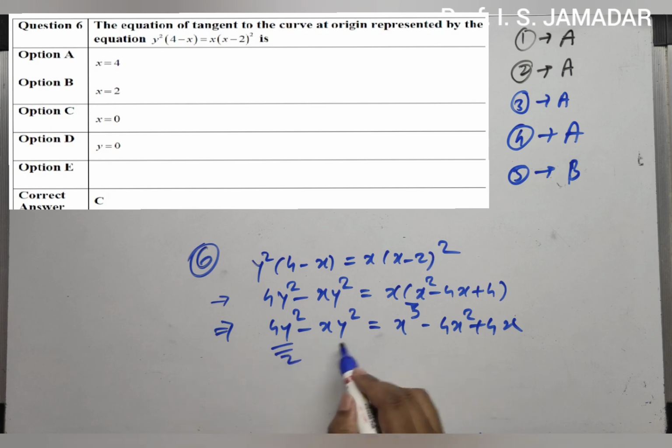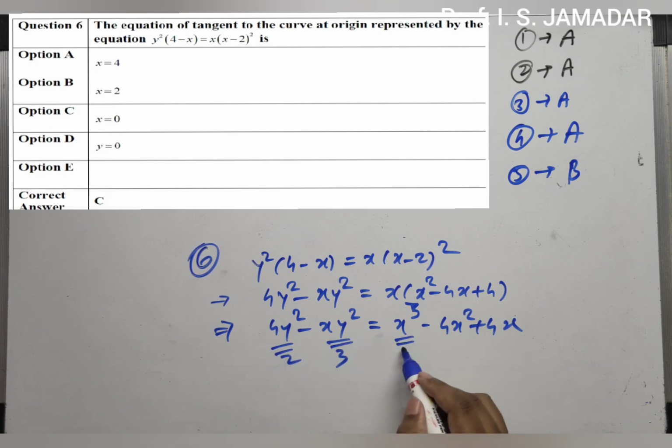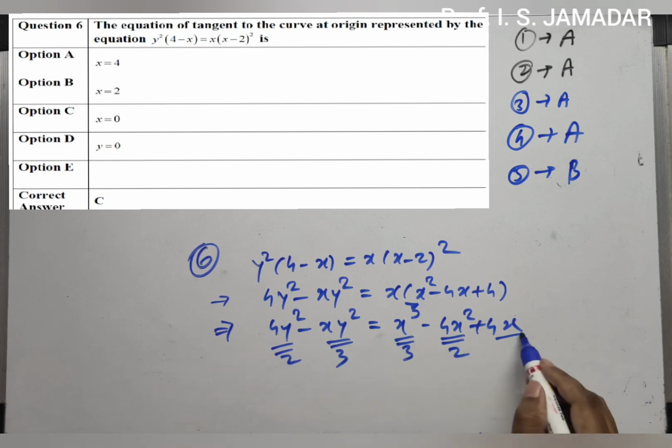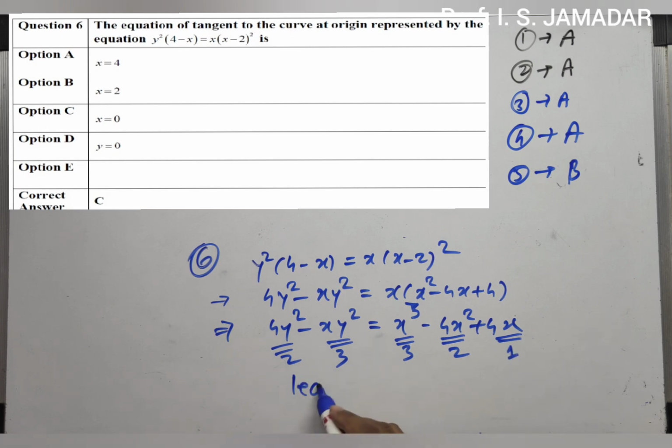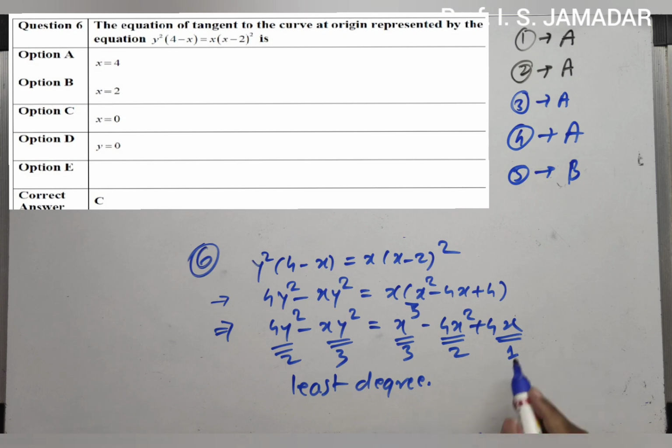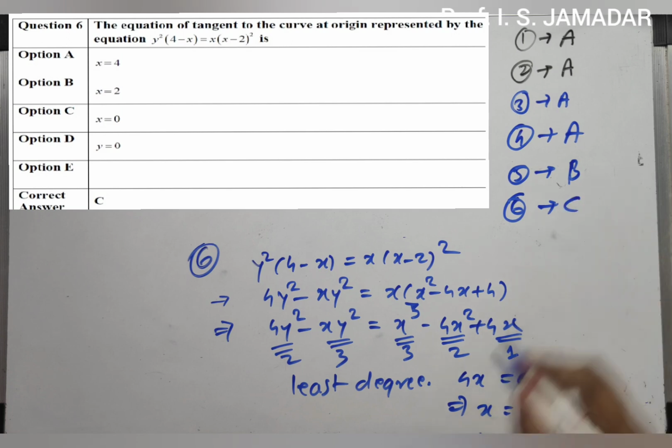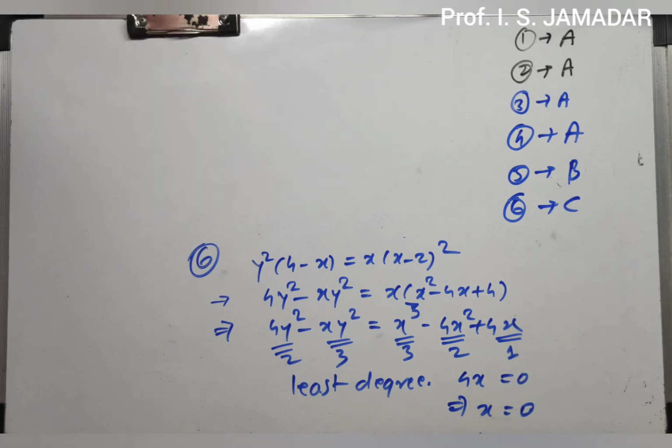This is degree 2, this is degree 3, this is degree 3, this is degree 2, and this is degree 1. So the least degree term is only this 4x, and equate it to 0. So that will give you x equal to 0. So the tangent to the curve here is x equal to 0, option C. So for question number 6, the answer is option C.